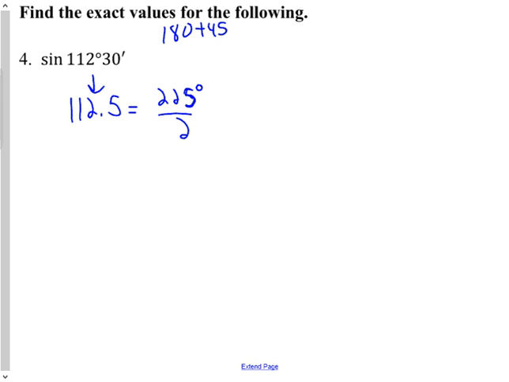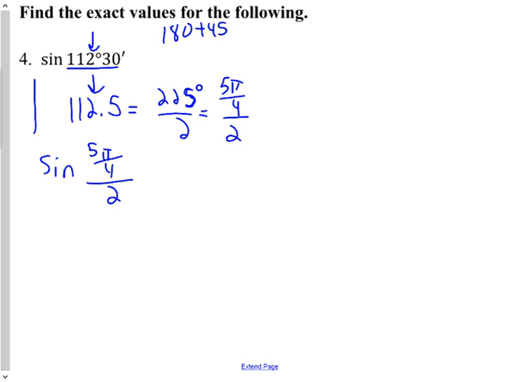So this is the exact same as 5 pi over 4, just for radian usage. Just as a reminder, if you need your calculator to type that in and figure that out, this is what we're doing here. Sine of 5 pi over 4, all over 2, because 5 pi over 4 would be 225 degrees.